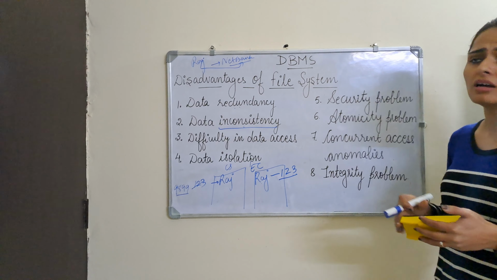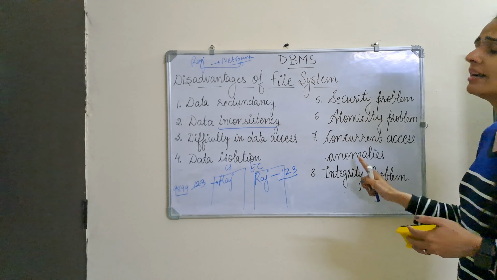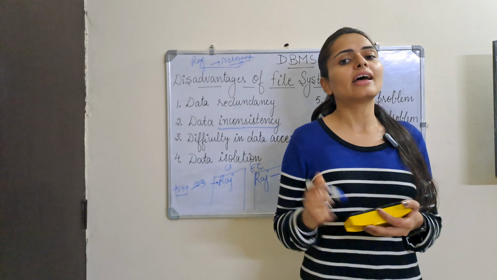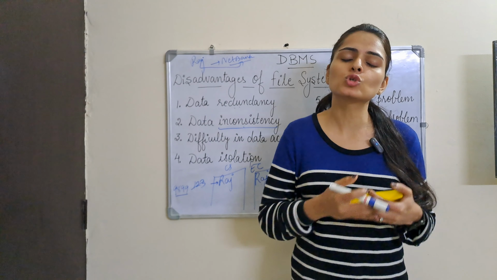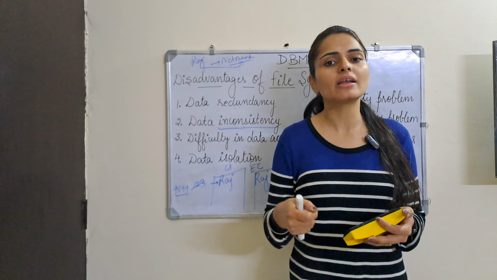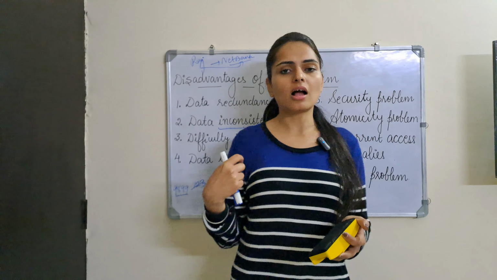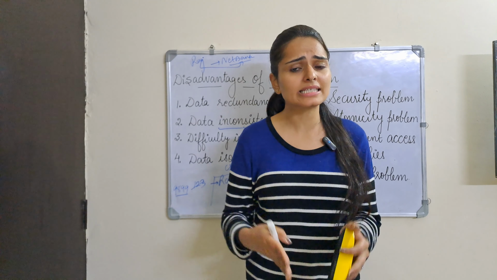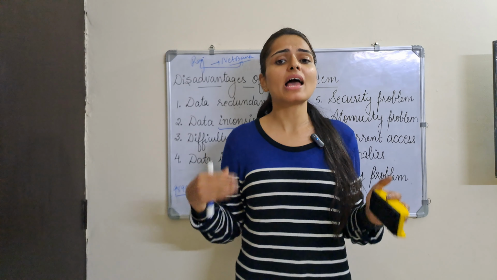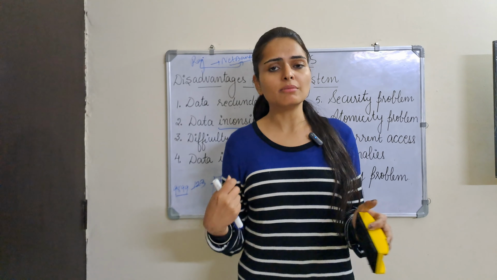The next problem with the traditional file system is concurrent access. One more example to understand this: at one moment of time, there are so many people around the globe who are having money debited from their account. At the same time, from the same bank, multiple people will be accessing that bank to get money, right?